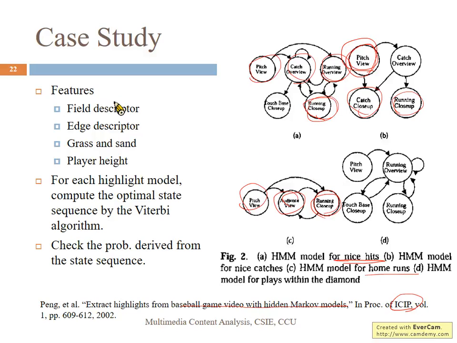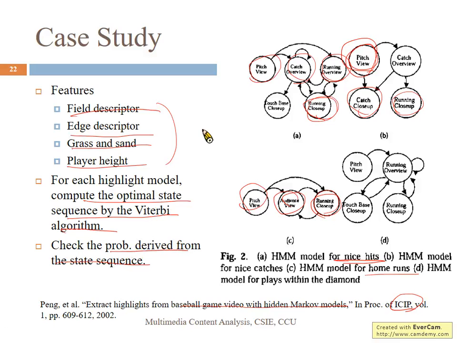And in this work, they propose some visual features like field descriptor, edge descriptor, grass and sand, player height. They use such features to recognize the meaning of each view. And then for each highlight model, they can compute the optimal state sequence by the Viterbi algorithm, and then check the probability derived by the state sequence.